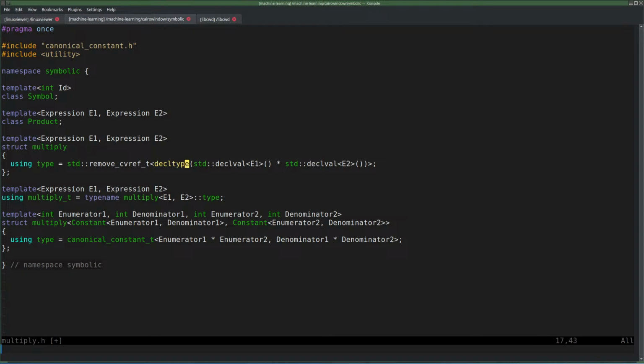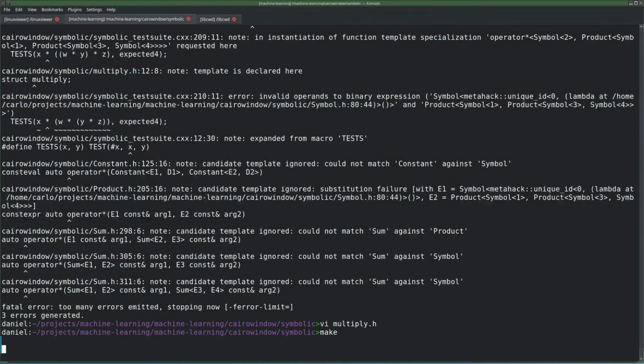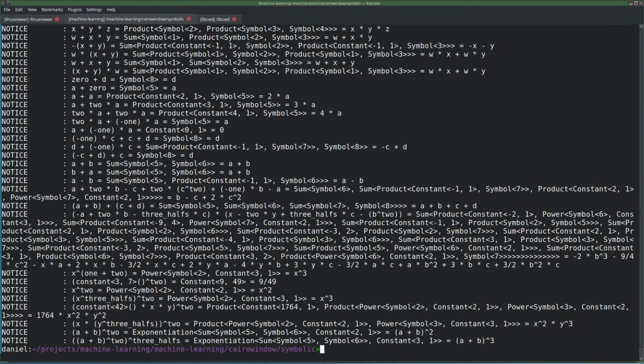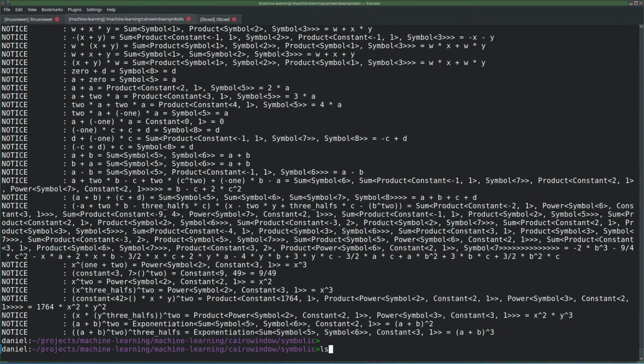And then, yeah, that gives us a type. I don't know if this is necessary, but why not? Pray, and it compiles. Ta-da! And the test runs. Wow, okay.